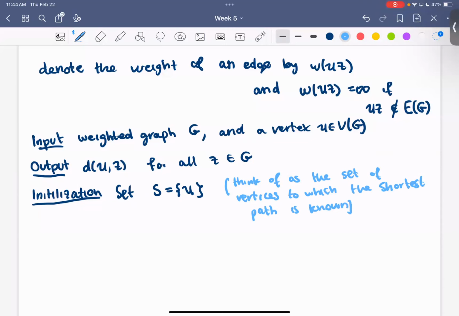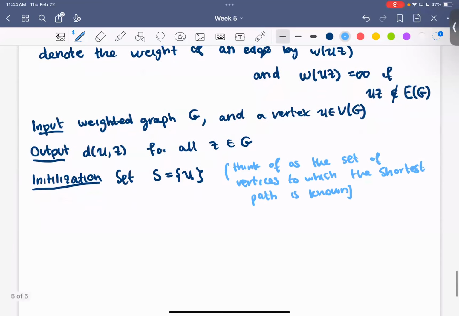So as we go along, we'll be adding more and more vertices to S as we learn the shortest path from U to that vertex. And then I'm going to set T of U equal to 0 and T of Z equal to W of UZ.